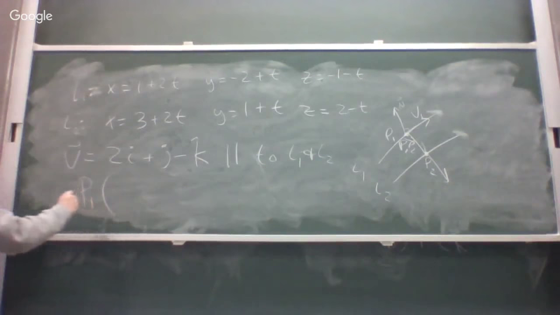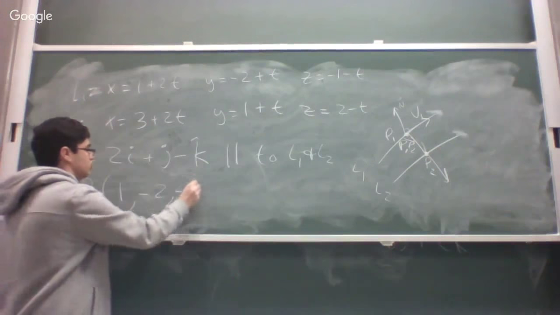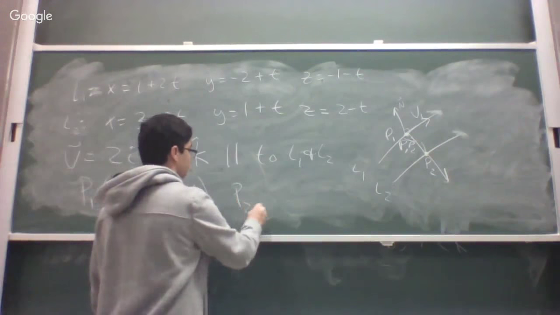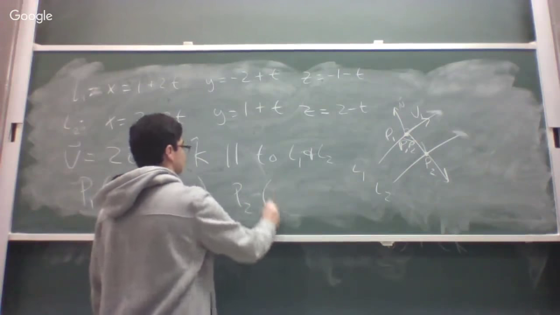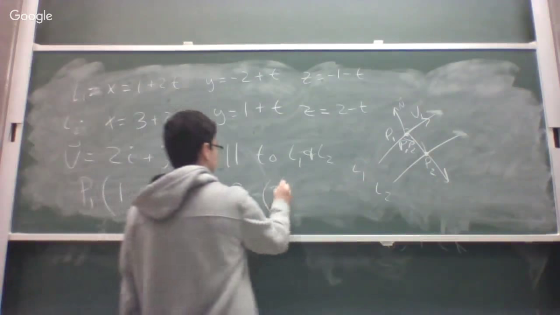So then what would P1 be? -1, 0, 2 would be 3, 1, 2.